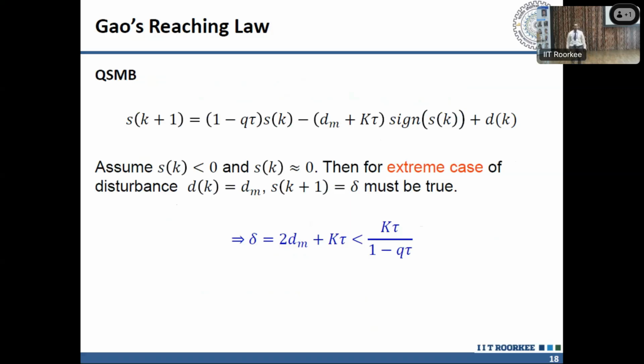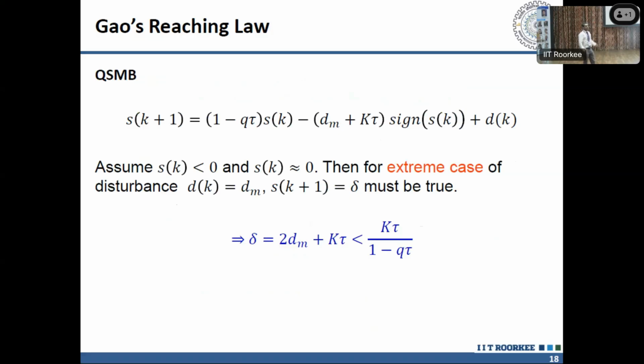So something may be raising in your mind that, okay, I know that I cannot come to 0 and I have a disturbance dm, so maybe it is good that I can stay within a band which is dm, because ideally I should be at 0, but now there is a disturbance which is dm, so I can allow till dm, but here I have to allow till 2dm plus delta, more than 2dm.